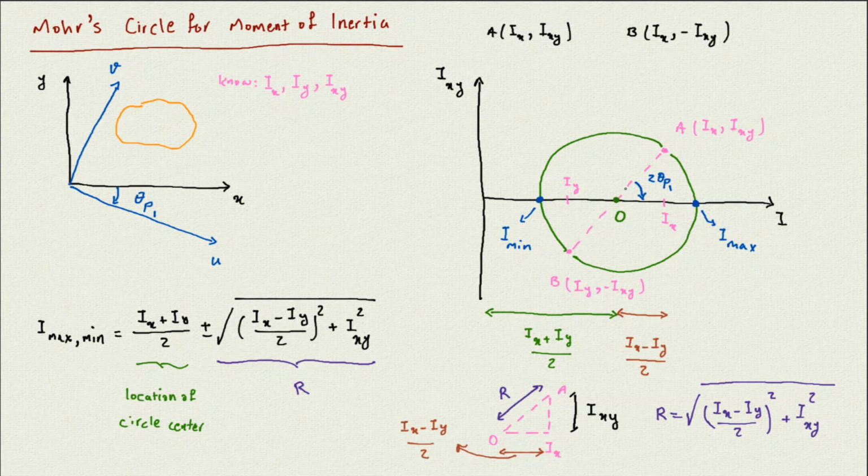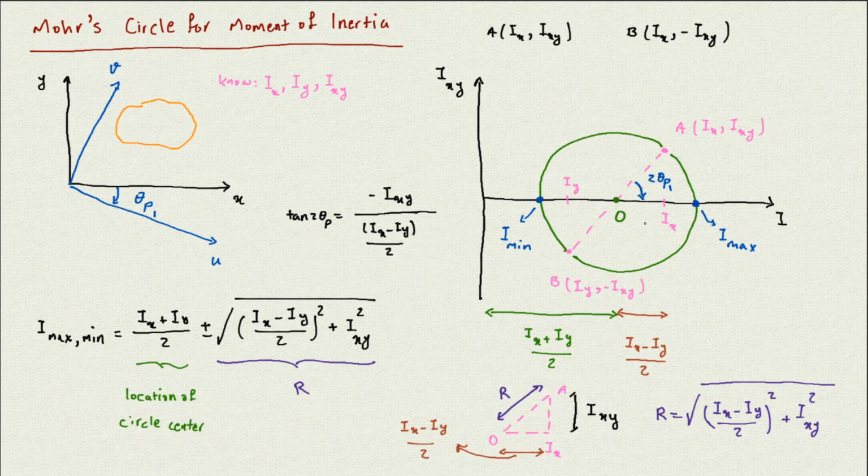Similarly, remember that the tangent of theta p is equal to negative ixy divided by ix minus iy, divided by 2.